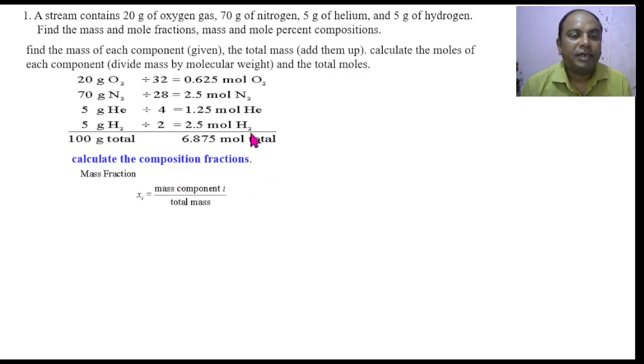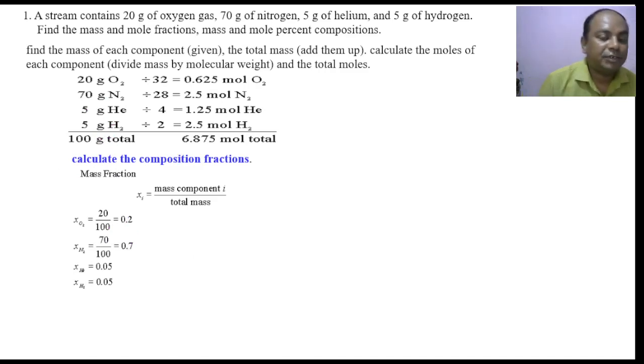Then what we have to find out is the mass fraction. To calculate the mass fraction, the formula is: the mass of a component, that is one of the constituents present in the stream, divided by the total mass. So you can find the mass fraction of each constituent that makes up this stream.